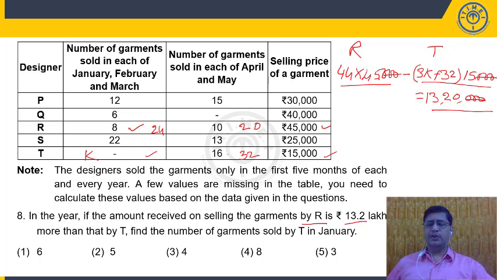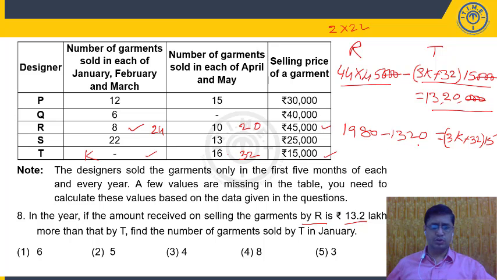Then what is 45 into 44? 45 into 44 is equal to 1980. 2 times 45 is 90. 90 into 22, since 44 I am expressing as 2 into 22. 90 into 22 is equal to 198. 198 means 1980. 1980 minus 1320 is equal to 3K plus 32 into 15.